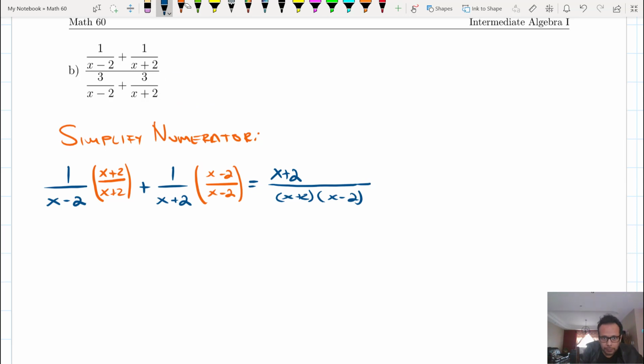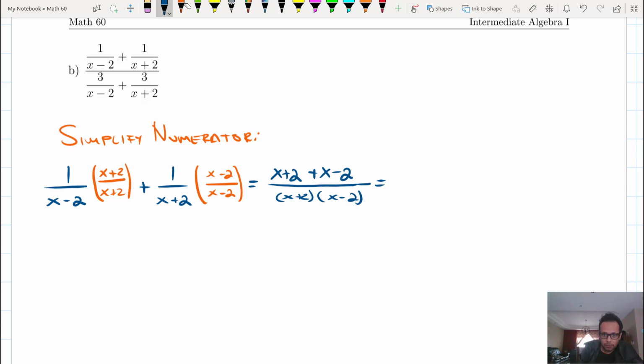Plus 1 times x minus 2. That's not going to change anything in the numerators, right? So x minus 2. So in the numerator, in this expression right here, we are essentially done with combining the fractions together, right?